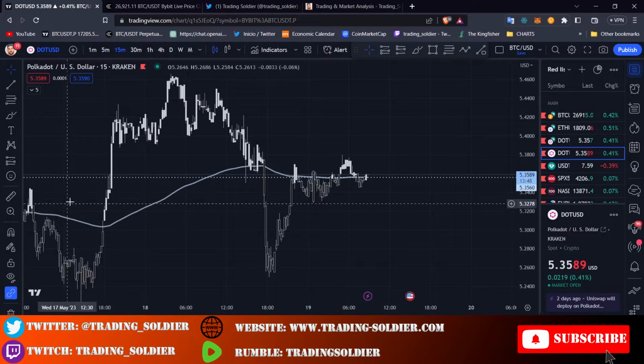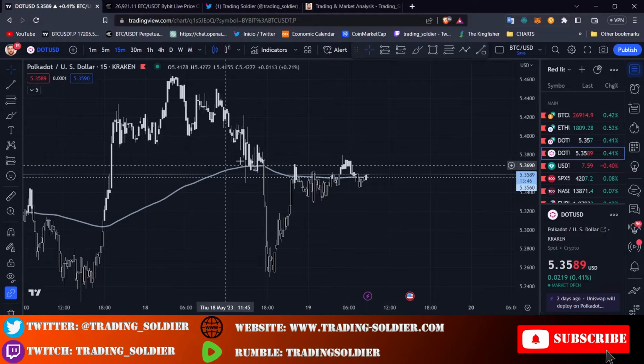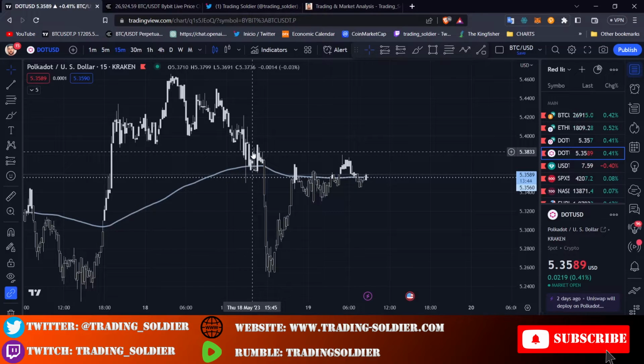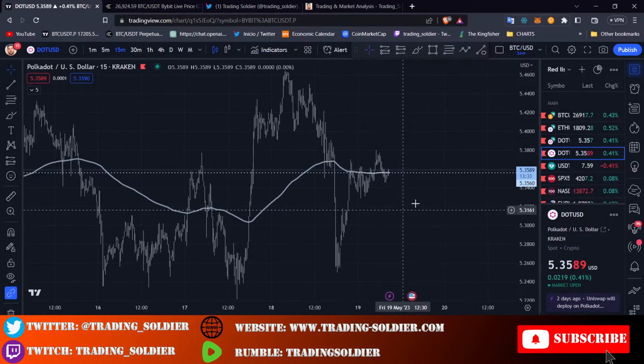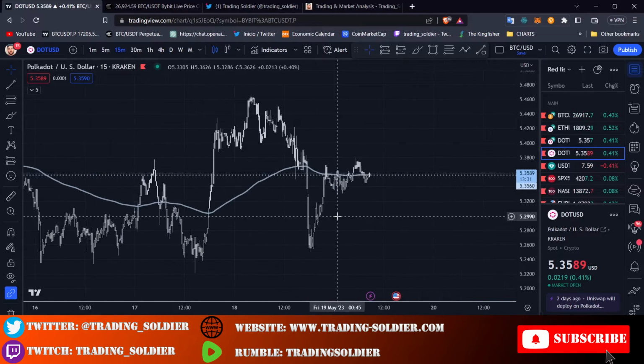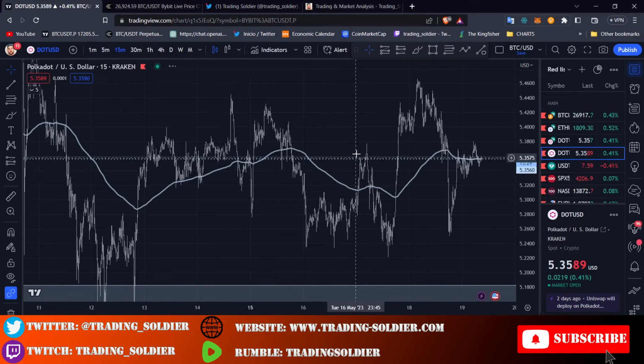So we can consider the 200 EMA as a reference point for support and resistance. For example, right now we are going to a lower time frame chart. As you see, we can trade the whole strategy with the 200 EMA.